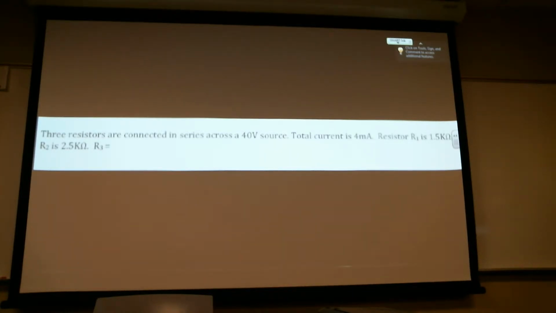The current's going to be the same through all of them. It's series, and they're giving you 40 milliamp current. So you can do the grid with this, and each resistor, 1, 2, and 3, are going to be 40 milliamps, and the voltage will be the total, and you figure the voltage drop for the 2 that you have resistance for, right? And you'll get voltages for those, and you subtract those 2 voltages from your total voltage. So if I lost you in that explanation, do the grid and say, okay, what do I have and what do I need?